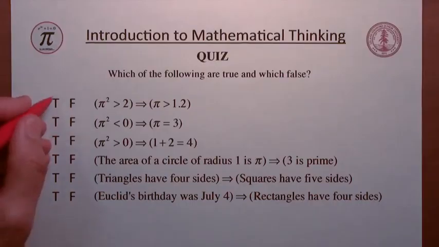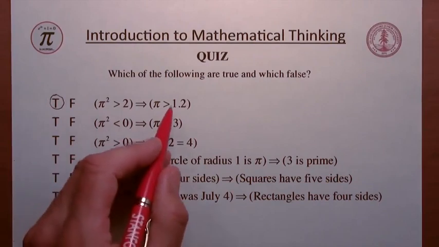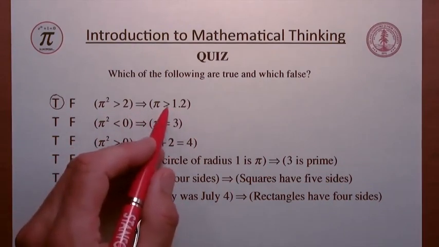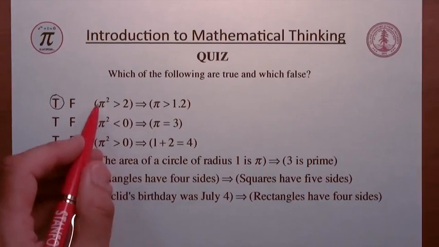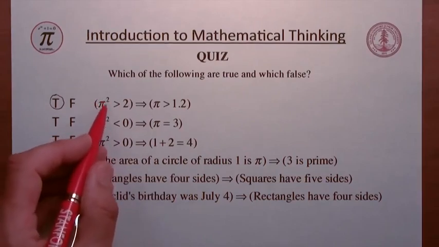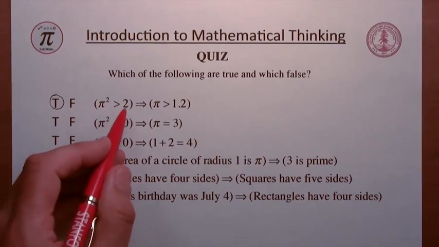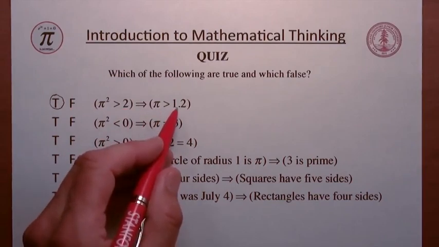Well, the answer to the first one is that it's true: the antecedent is true, and the consequent is true. So the conditional is true. In fact, there's a deeper result going on here. Providing you take a positive number instead of pi, any positive number, then if the square of that positive number is bigger than 2, that number must be bigger than 1.2.